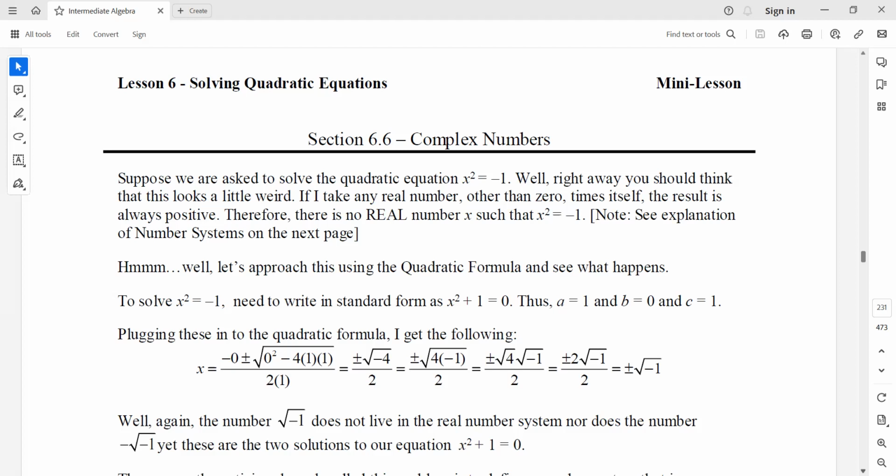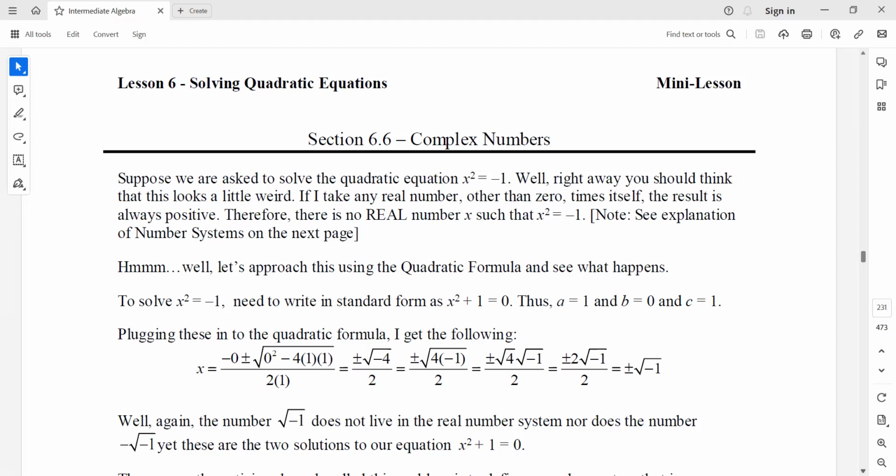We said that when that happens, you have no real number solutions. But this means that you have complex number solutions. So let's talk about complex numbers. We just want to introduce them so that we know what they are.